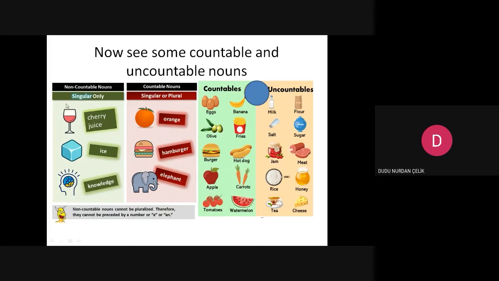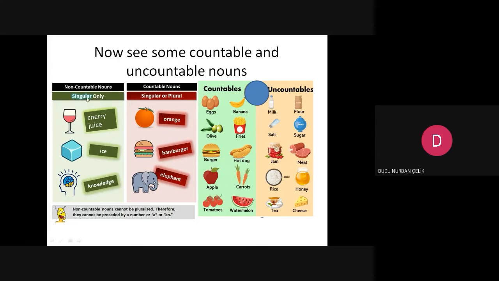look here please, singular only. Be careful, singular only. You cannot use, never ever use plural in positive sentences, in negative sentences, or questions. No matter what kind of sentence it is, don't make uncountable nouns plural.